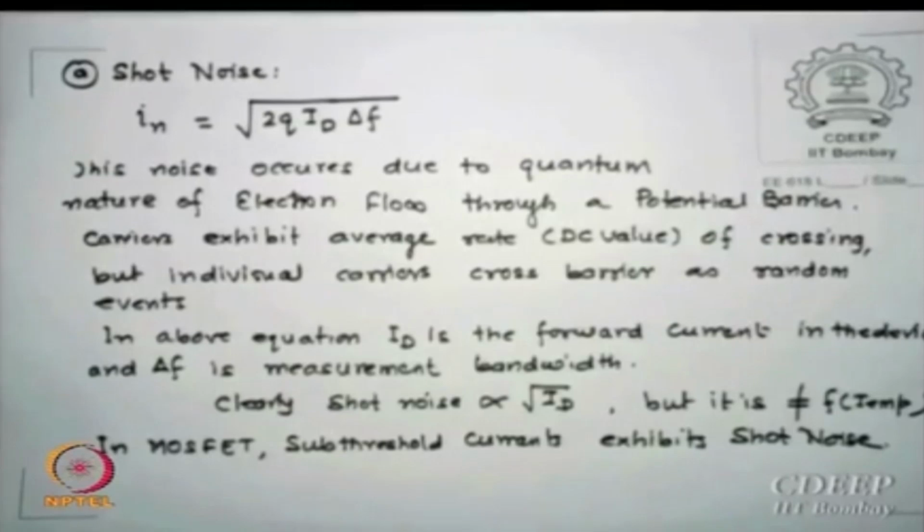One can see from the expression that the shot noise is related to the forward current by root of ID, but there is no term which is kT temperature dependent, and therefore shot noise is normally temperature independent, and I will someday show you that it is also to some extent a function of temperature, but with very small dependency.